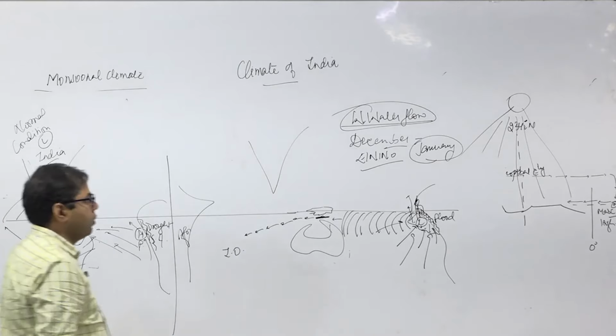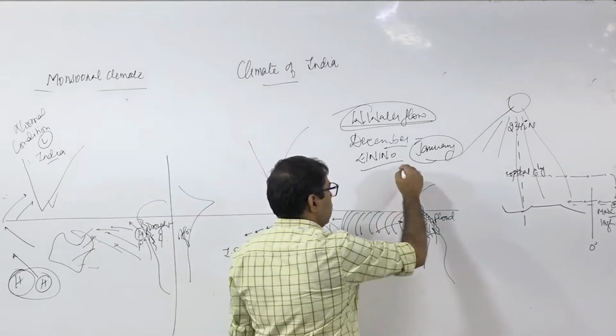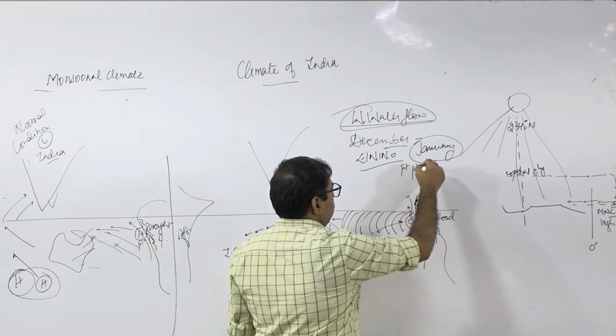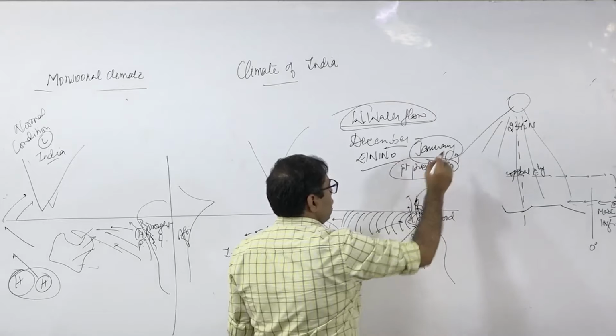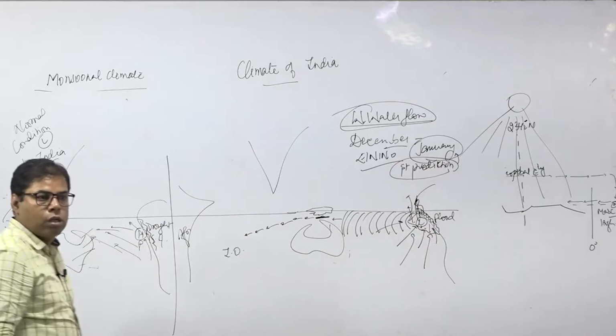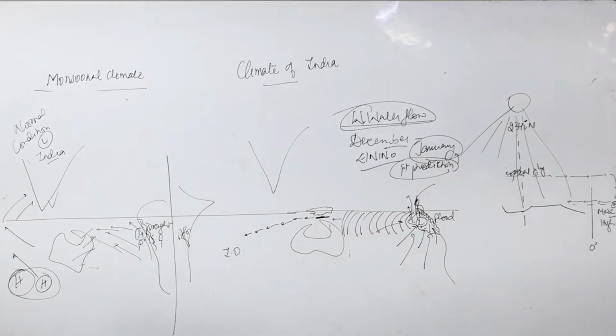Then the first prediction of monsoon comes in the month of January, right. So, whether El Nino has occurred or not is clear.